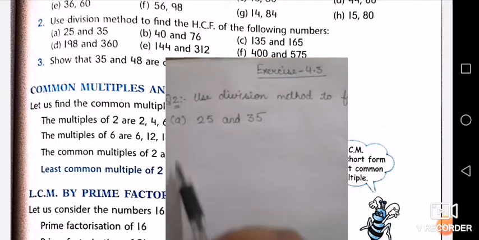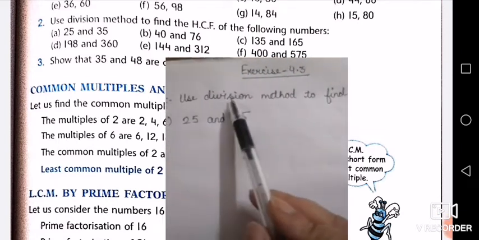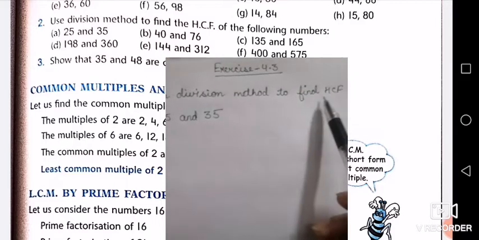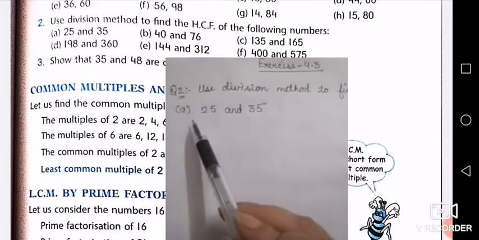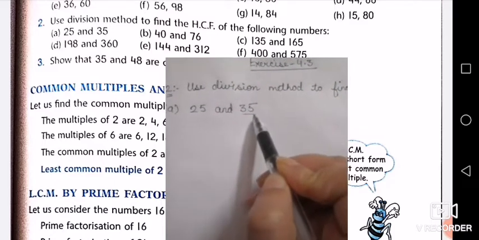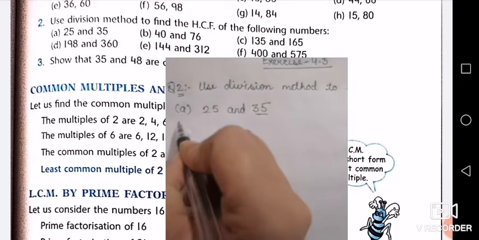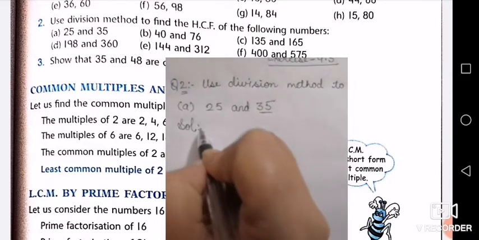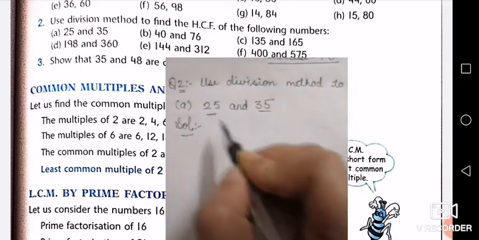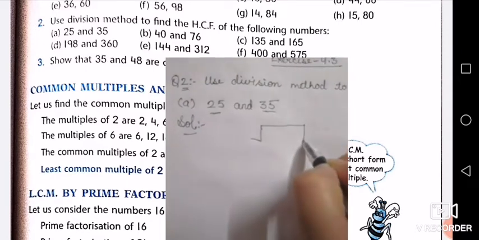So as you can see on the screen, question number 2 I have written: use the division method to find the HCF. A part is 25 and 35. Now this bigger number which is 35 will become your dividend and the smaller number which is 25 will become the divisor in the first step.